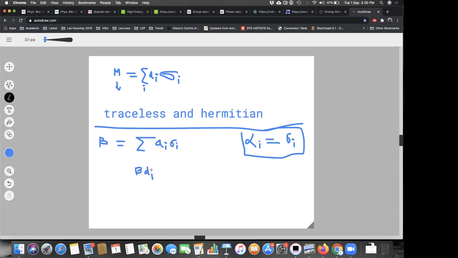So I have to verify that this is 0, right? Or what is the condition that the a_i should satisfy so that this is 0?